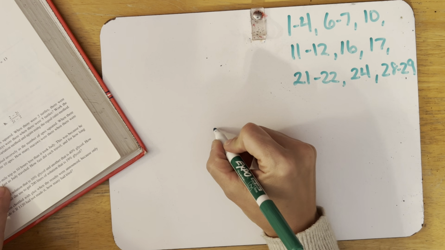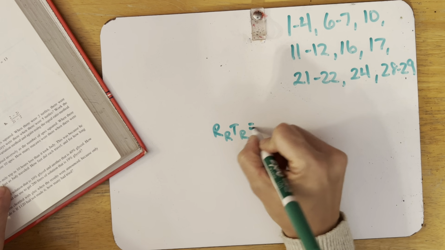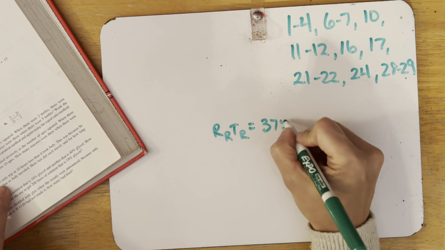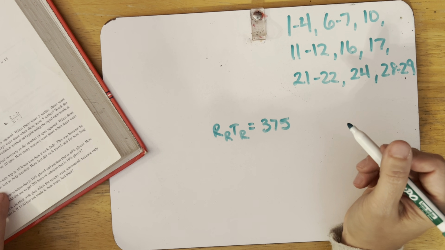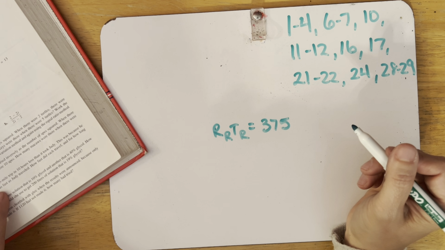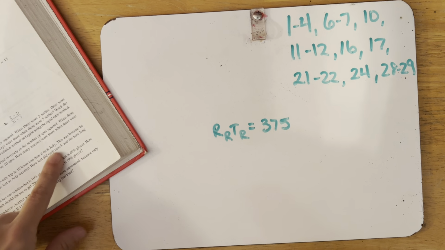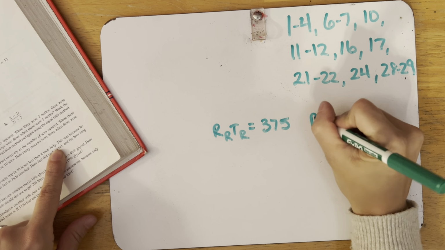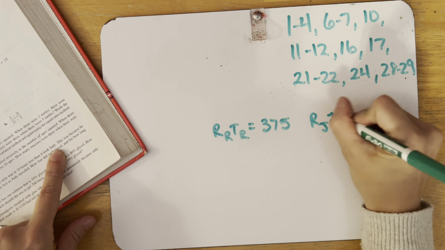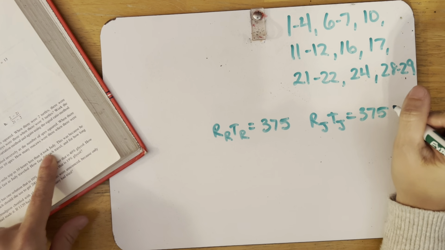So the rate of Roger times the time of Roger equals 375. And then he made the 375-mile trip in 10 hours less than it took Judy. This is implying that their distances are equal. So that means the rate of Judy times the time of Judy also equals 375.